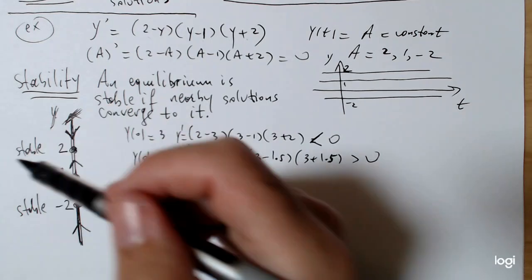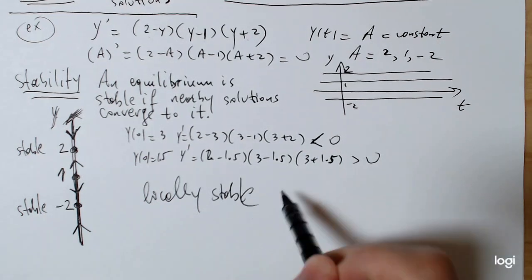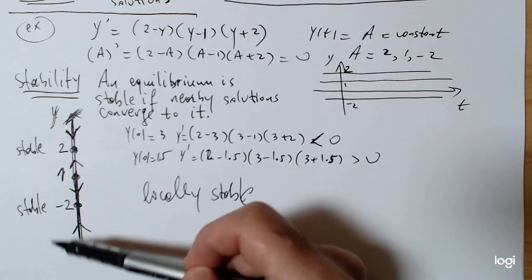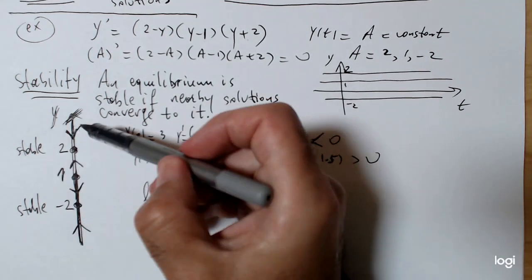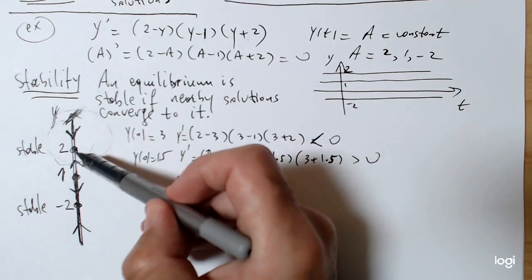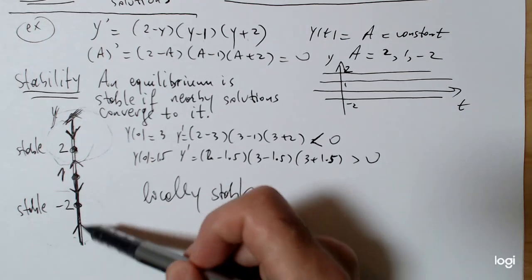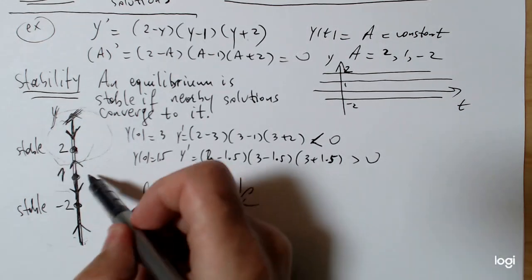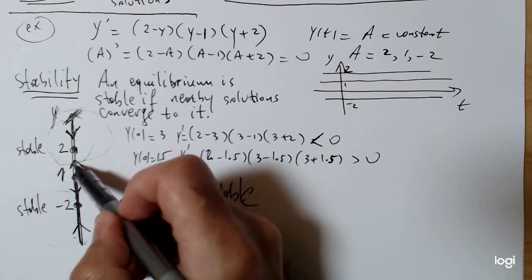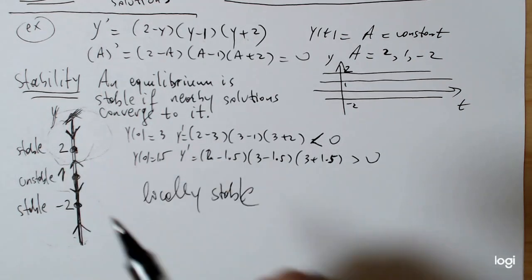I should call them locally stable because again, it doesn't mean that no matter where you start, you approach 2 or -2. You got to start in some sort of region around 2 to approach 2, and you need to start in some region around -2 to approach -2. And of course, it seems that the solution moves away from 1 if you start close to 1, which is the reason we call this point unstable.